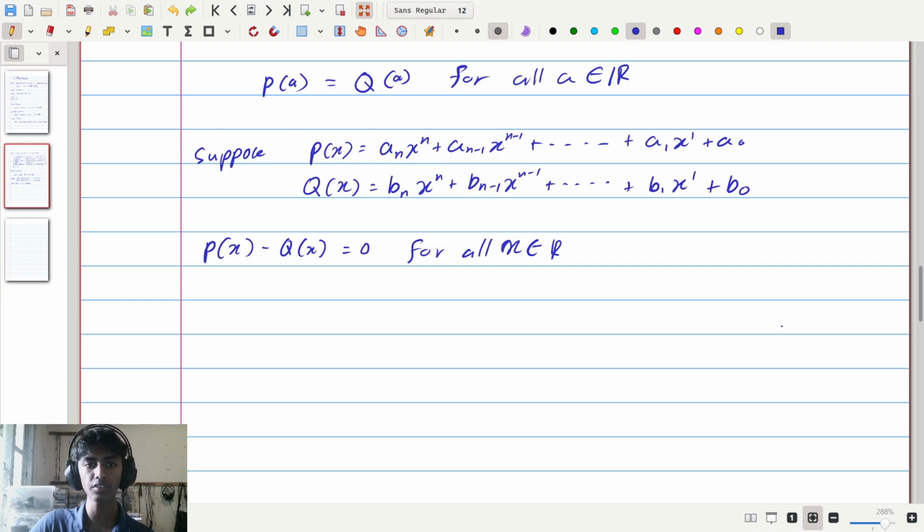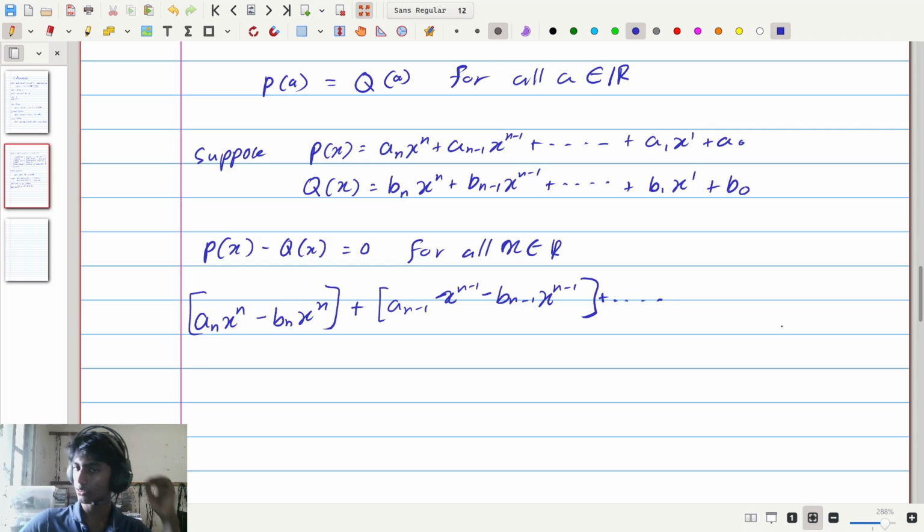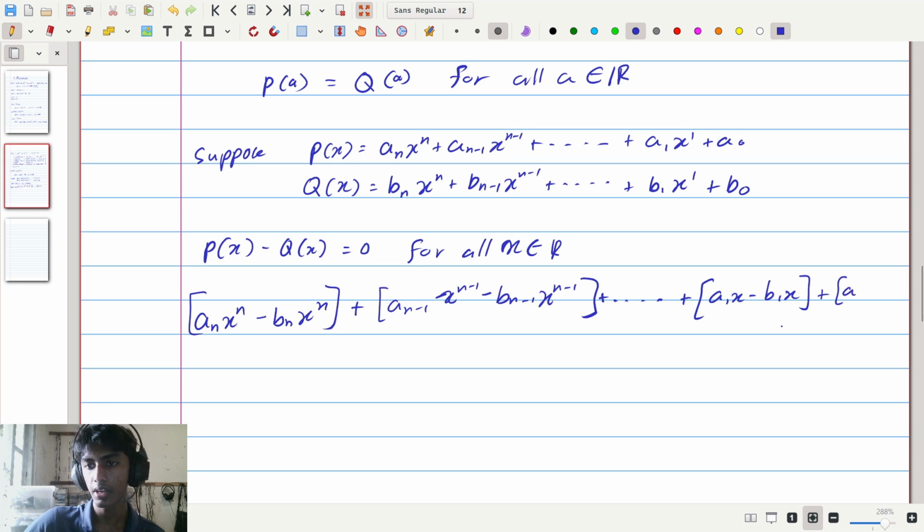On the left hand side we get a_n x to the n minus b_n x to the n grouped, plus a_(n-1) x to the n minus 1 minus b_(n-1) x to the n minus 1 grouped, plus all of these all the way down to a_1 x minus b_1 x plus a_0 minus b_0. All of this has to be equal to 0 because that's our condition here.